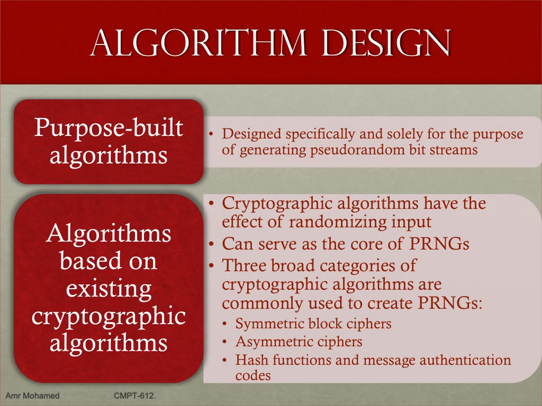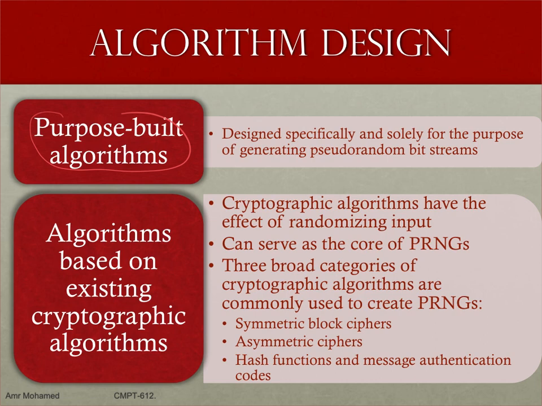For these random generators, we can use two types of deterministic algorithms. We can design our own, which is what we call purpose-built algorithms for generating this random sequence. We will talk about an example in the upcoming slides, which is used for RC4.